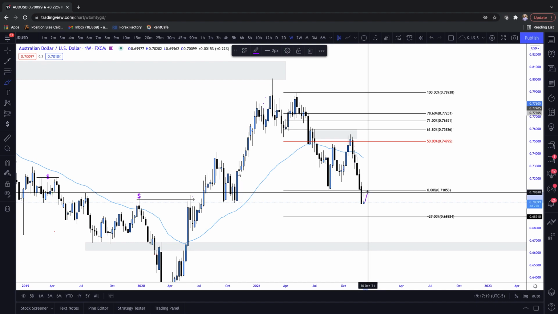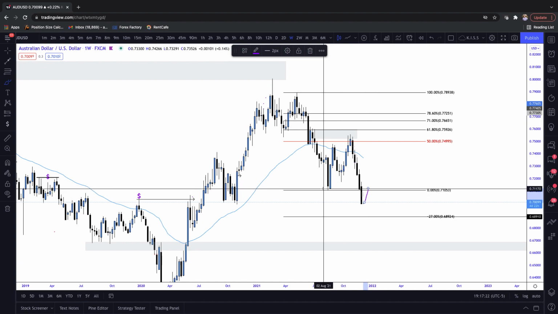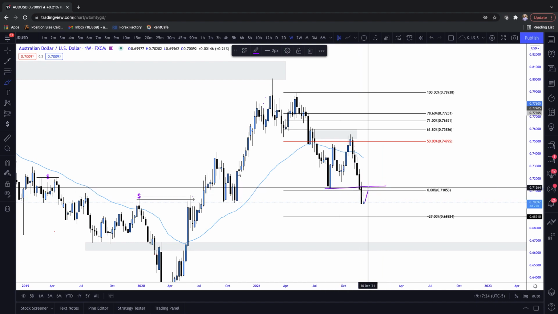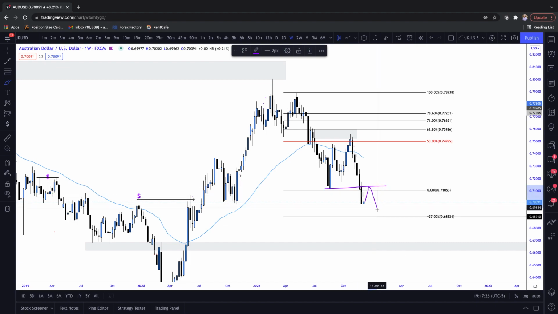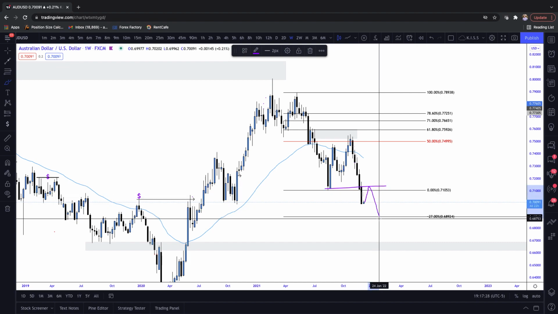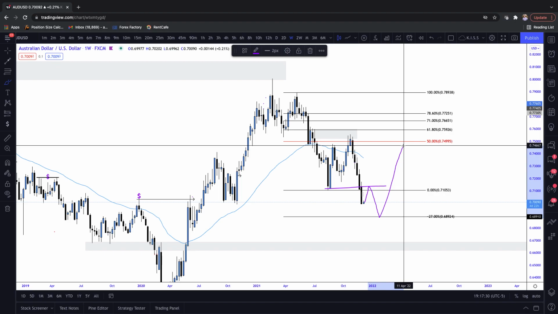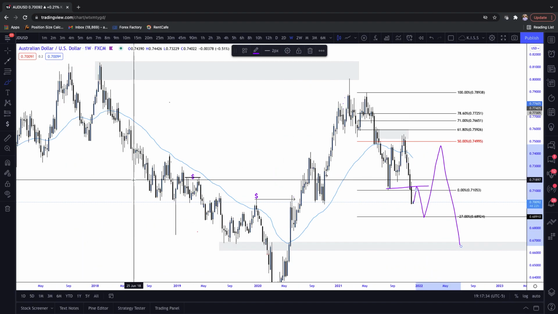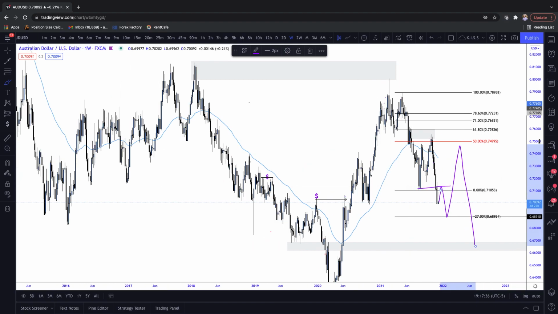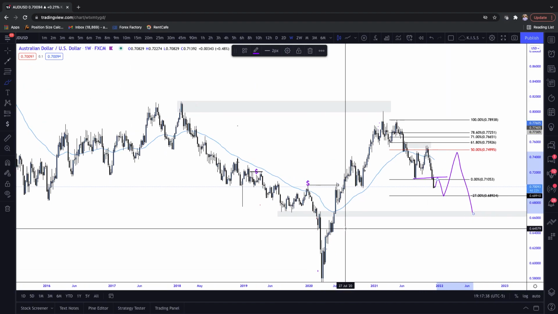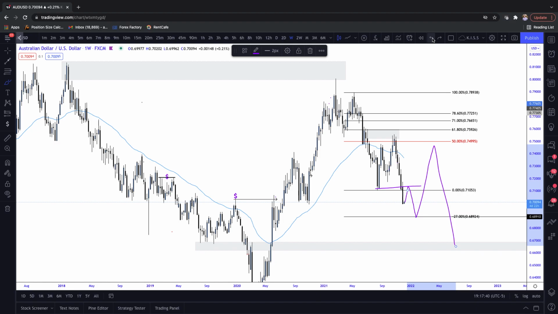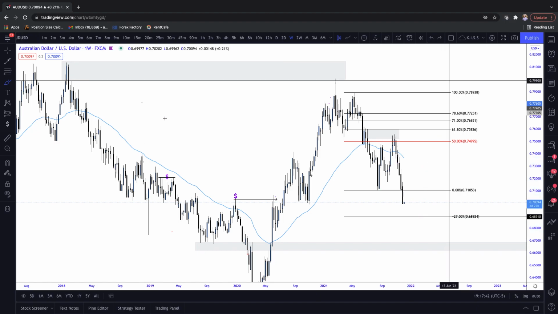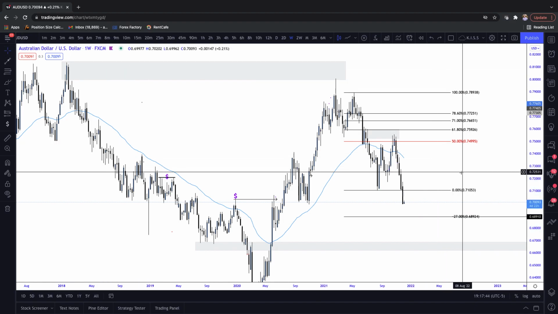Okay, so maybe we have an intra-week retracement, maybe to test this quote-unquote support, continue on down into that negative 27. Maybe then we will have a significant retracement, and then ultimately our 0.6700 level, I do believe we will meet. Okay, so this is our perspective on AUDUSD as well as EU and GU.